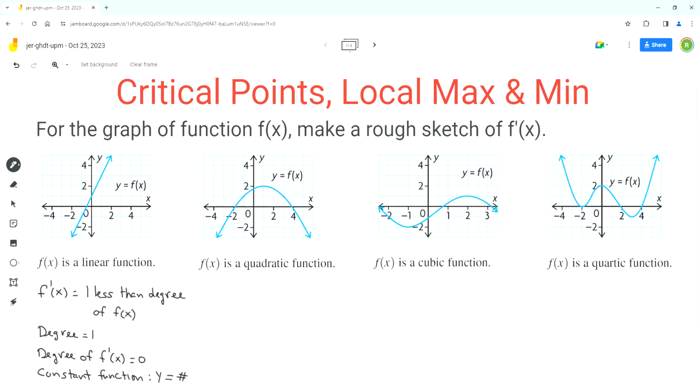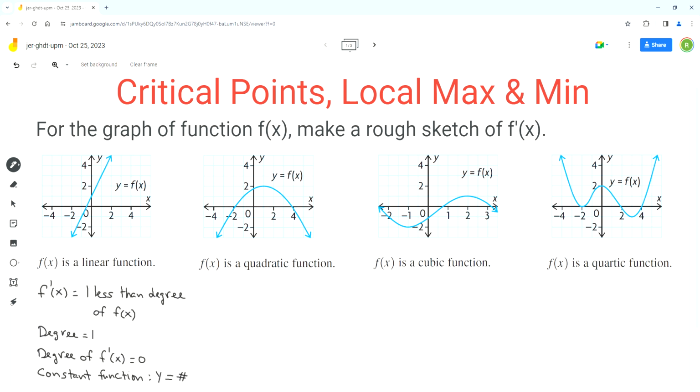So the slope of the tangent at any point of this function will be the slope of the straight line. This is a very important concept you need to understand and memorize. If we can find the slope of the straight line, then we can use that to find the equation of f prime of x, which we can use to make the sketch of the derivative of f of x.